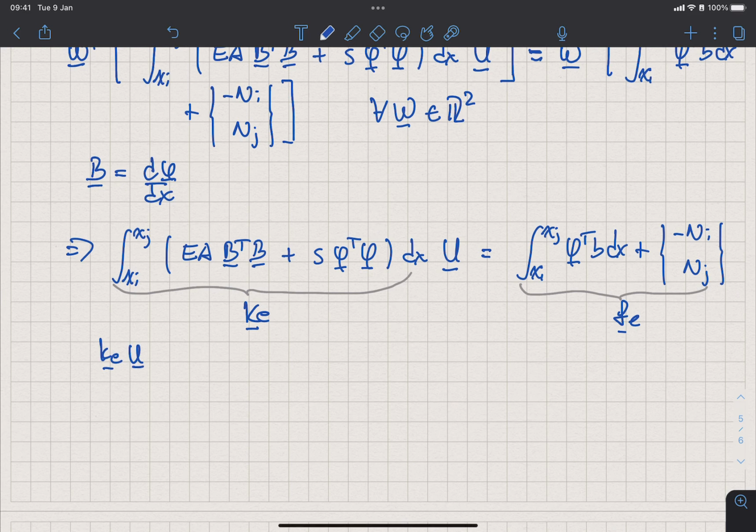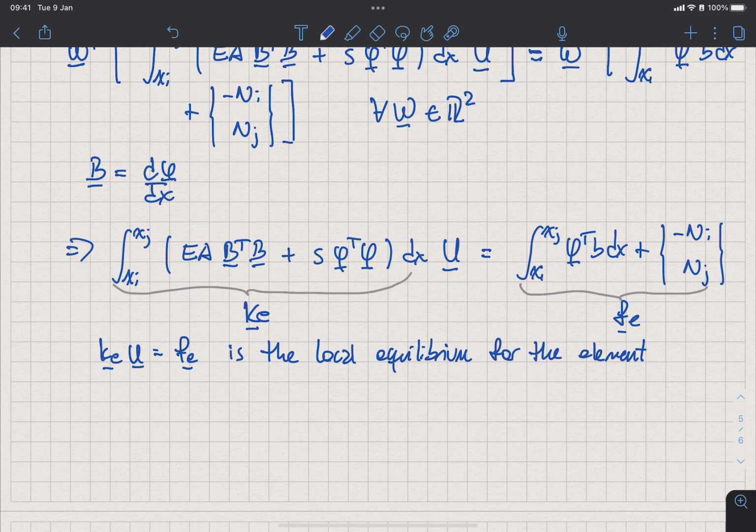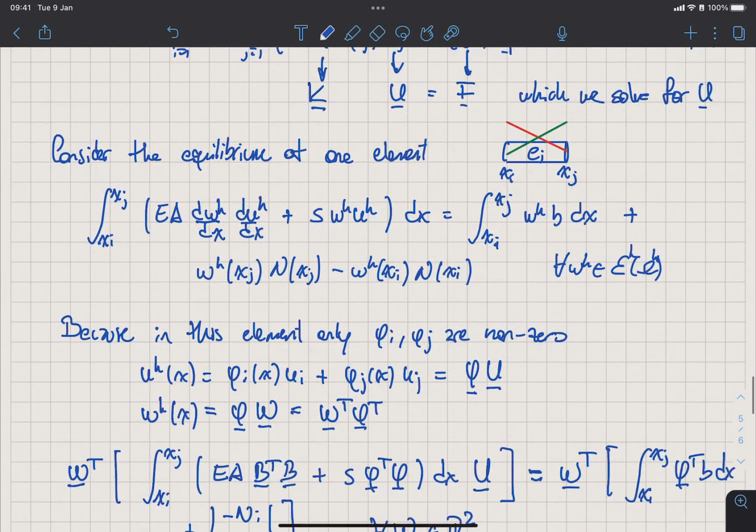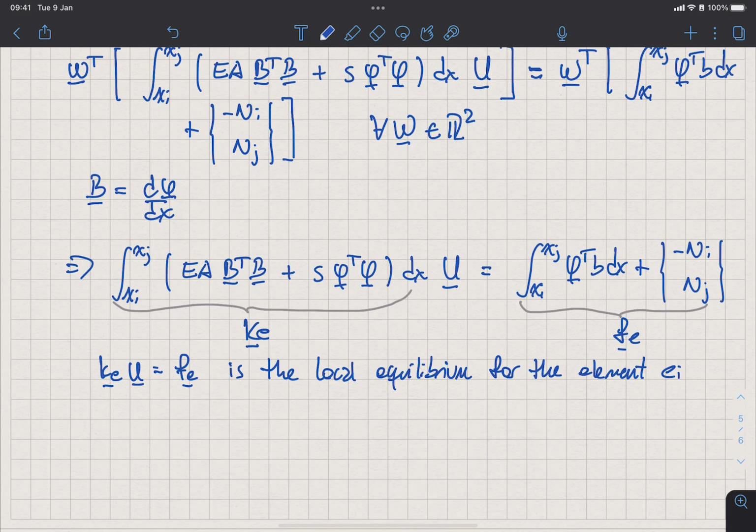Remember that this U here is for that element as well, so I should also use U^e equal to F^e, for that element. And we call that element e_i. Okay?